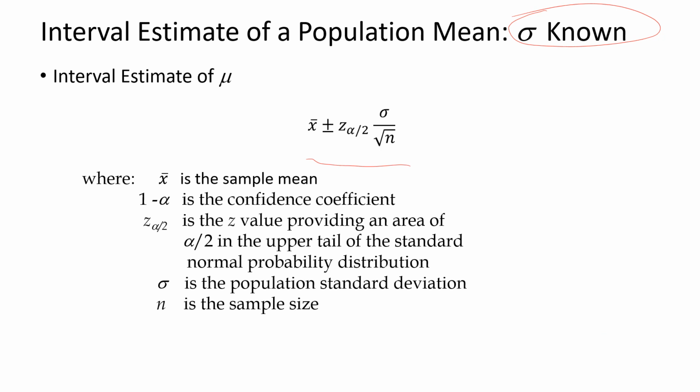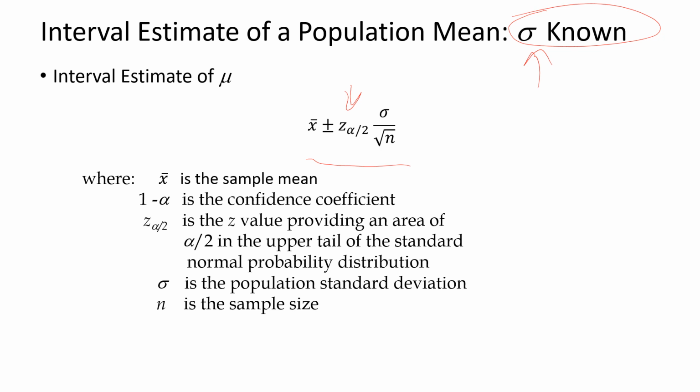That's what this is referring to here. If you know the population standard deviation, you can typically do z-tests. This is, again, one of those assumptions we're talking about. So if you know the population standard deviation, you do a z-test. If it's unknown, like it typically is unknown, you'll do a t-test. That'll be on the next slide.